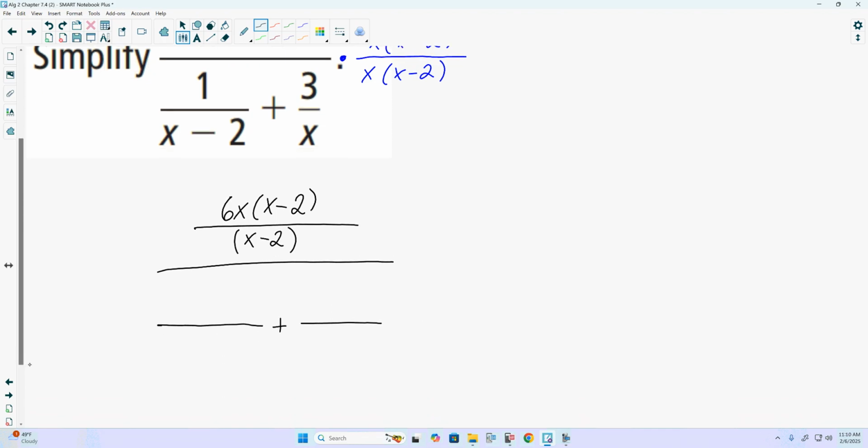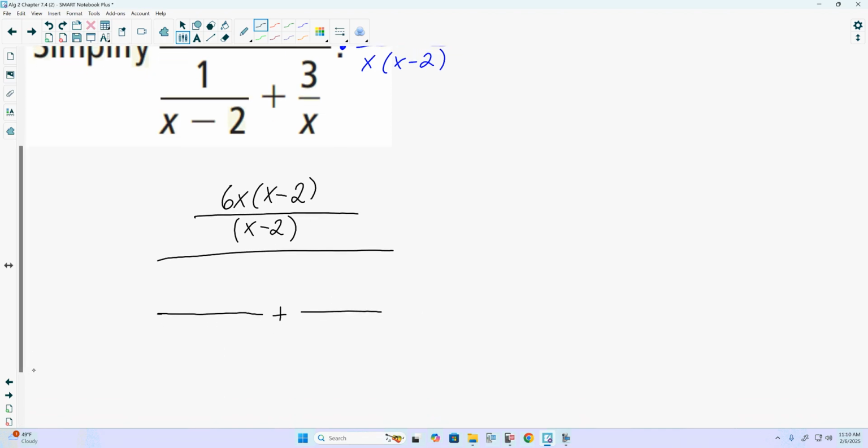We good to scroll down? Yeah, so x1 times our x times x minus 2, well, that's just going to be x times x minus 2 over x minus 2. Now we're going to do, yes, this is going to be 3x times 2 over x.